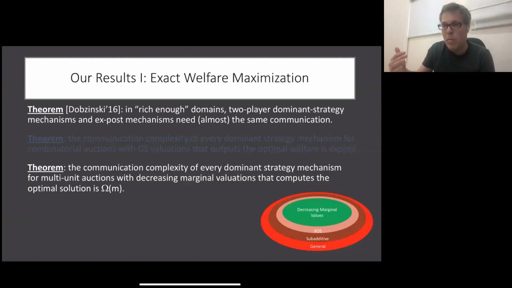Now with dominant strategy implementation, we show that we need exponentially many bits. The communication blow-up is exponential.